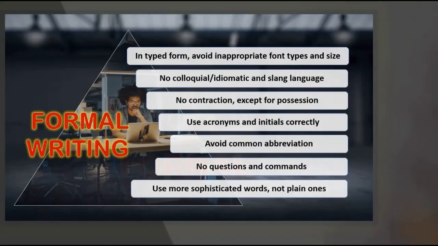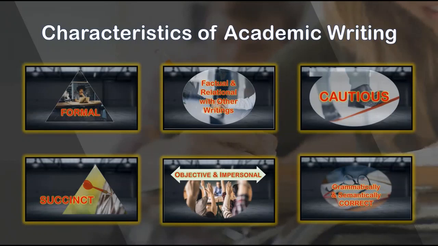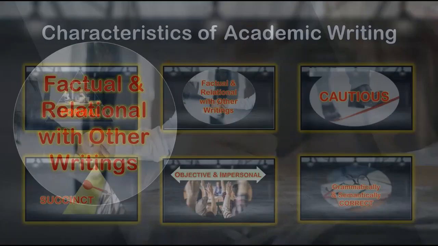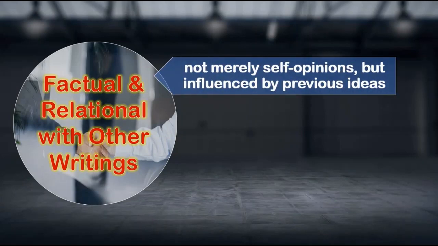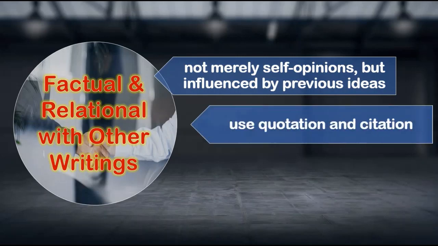Now let's move on to the next characteristics, that is factual and relational with other writings. So basically, there is not any completely or totally original kind of writing. Normally, the writing itself builds on what others have previously done or thought about the same object.